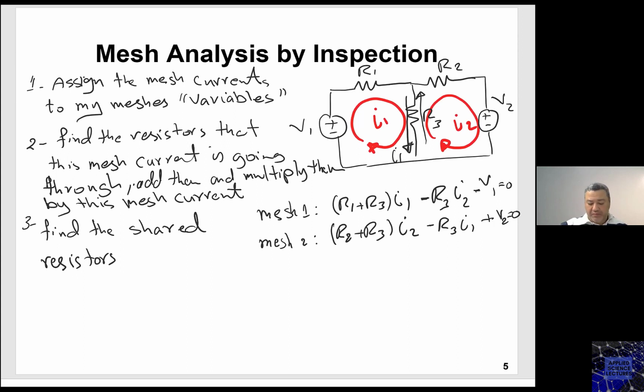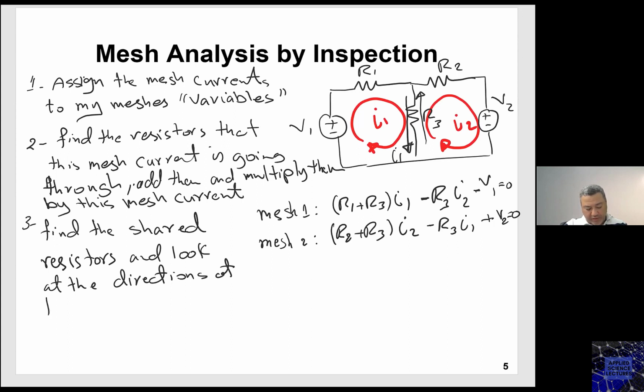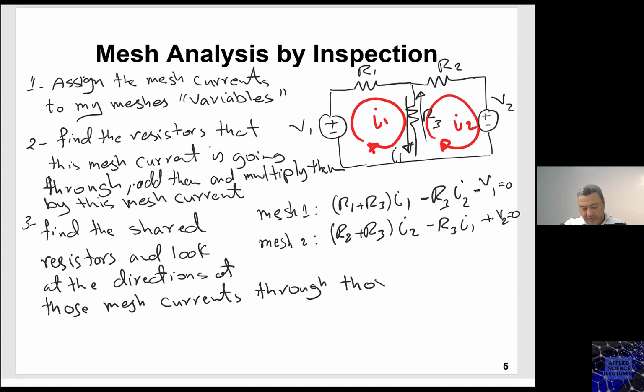You could have, for example, two shared components, as we'll see later on, and look at the direction of those mesh currents through those shared resistors.